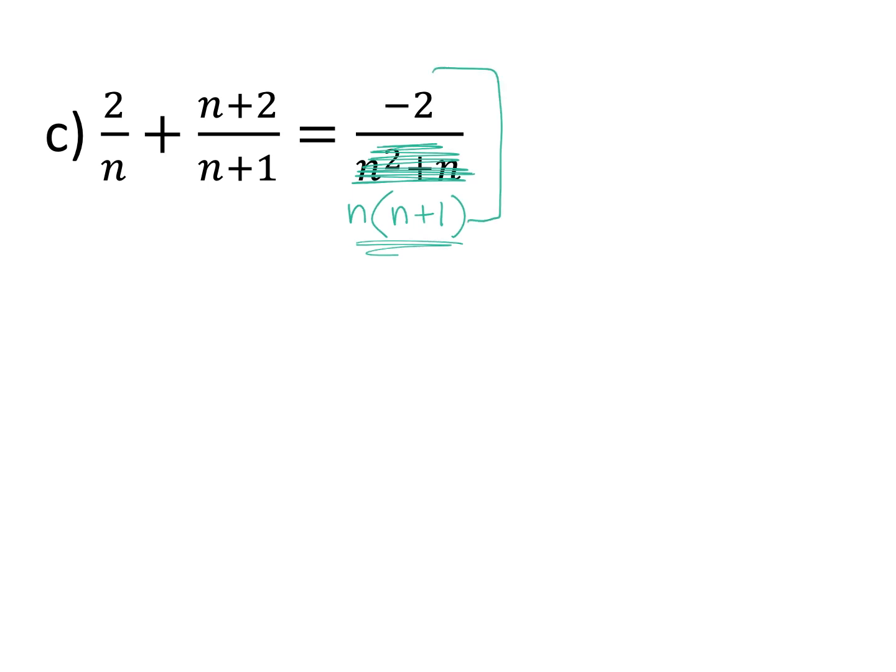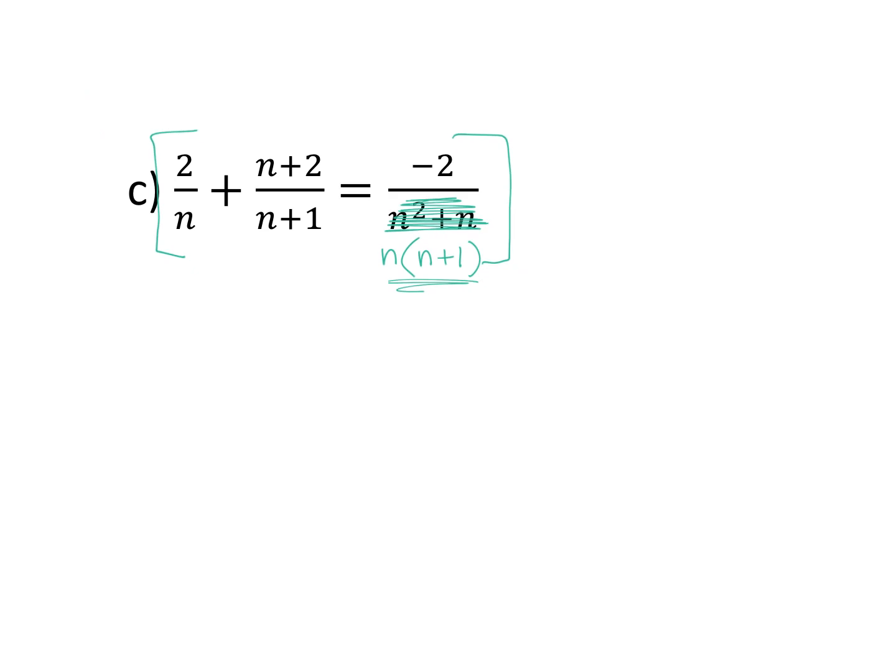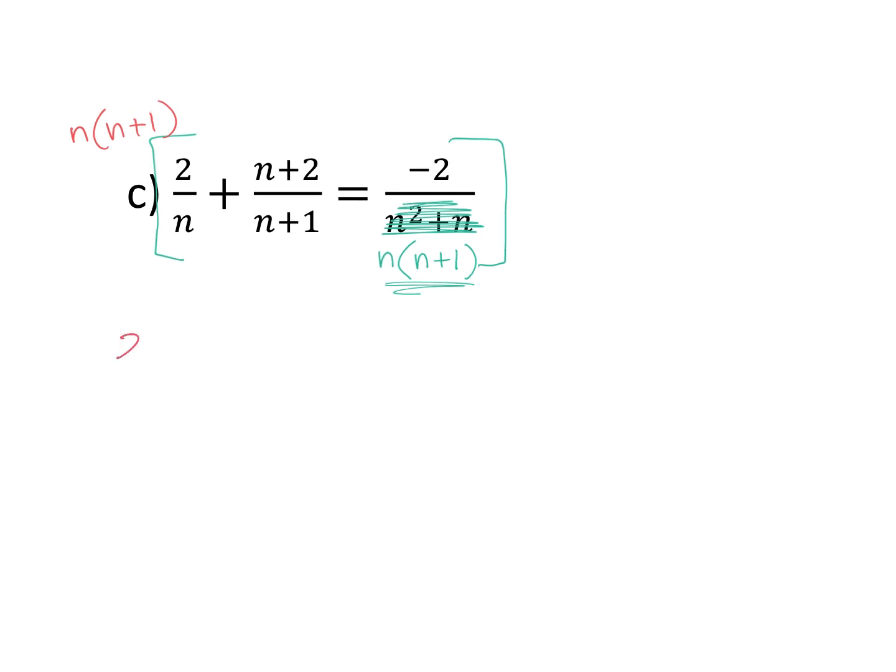So we're going to take this whole thing and multiply it by n times n plus 1. And again, I would not distribute yet. Distribute at the end, that's fine. For now, just leave it how you see it. So 2 times (n plus 1) over n, okay, so that's this.